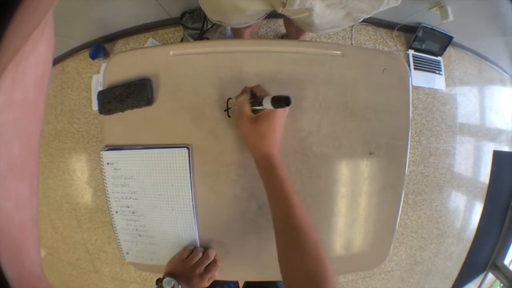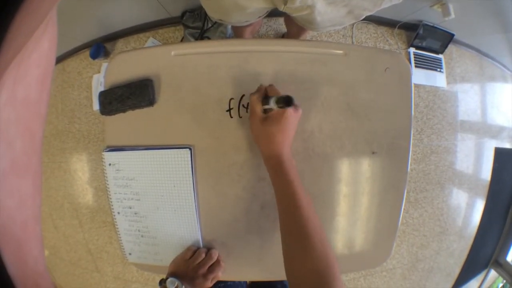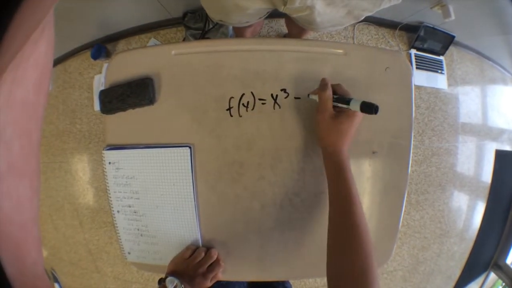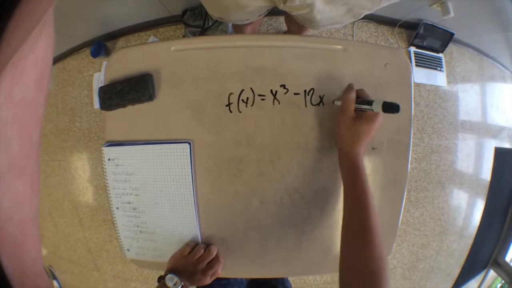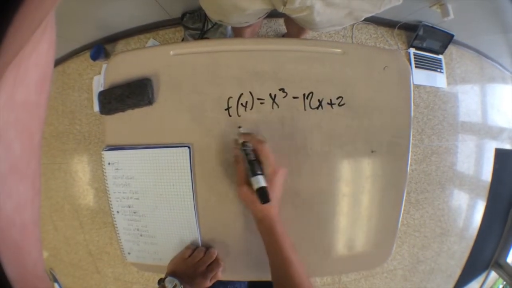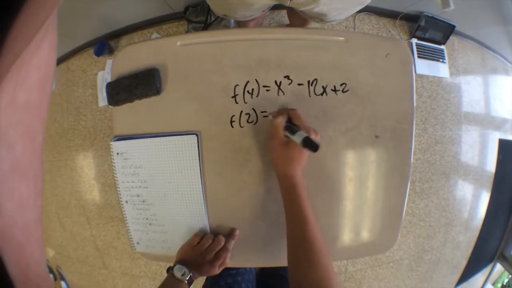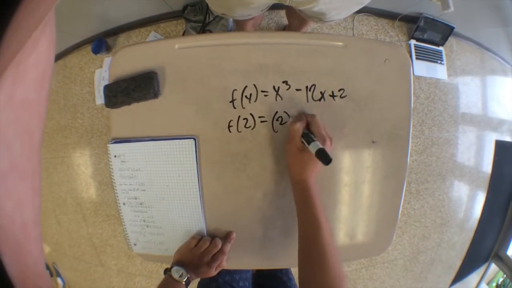Alright, so now that we have those x values, all we have to do is plug them into the original equation, which again was f of x equals x cubed minus 12x plus 2. Let's plug in 2. I wish we had some elevator music, but unfortunately we don't.